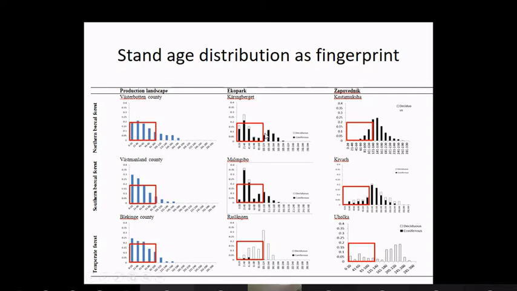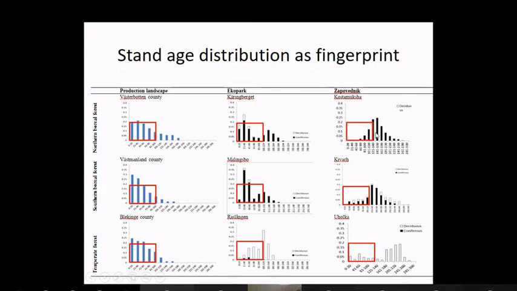The eco-parks are a little bit different. They still have a quite considerable area of older forests. So they are sort of halfway between the production landscapes and this naturally dynamic forest, which are dominated by older forests.